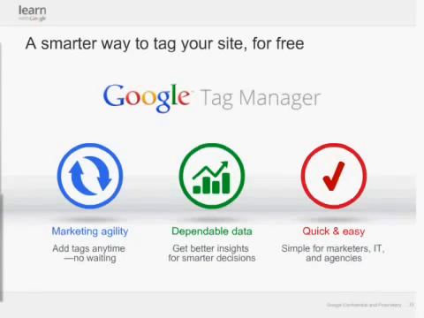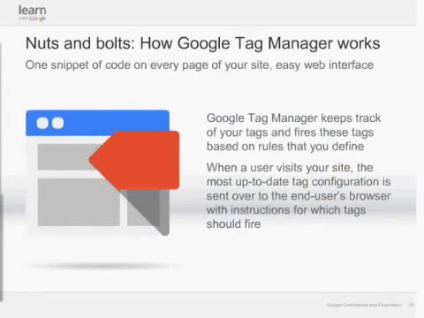So let's go a little bit more into the nuts and bolts about how Google Tag Manager works. It's one snippet of code on every page of your site, which probably sounds familiar to you. It's very similar to the newer marketing tag. However, with the newer marketing tag, all that is code, and we provide you with a list building interface in AdWords.